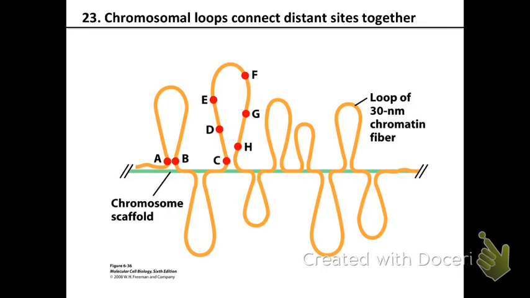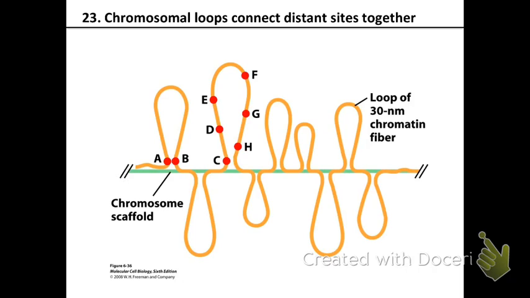Whether this is packaging in the interphase cells or packaging in preparation for mitosis. So you see these chromosomal loops, and people have figured out these chromosomal loops exist basically by doing FISH analysis.